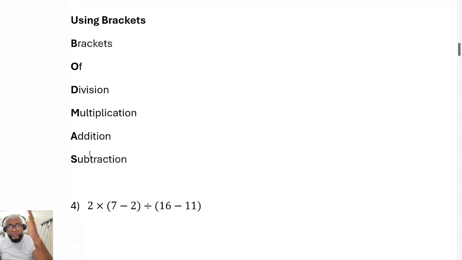So Adam is going to do this first one for you all, and then you all will try the others, right? So we're going to do our brackets first. I'm going to put the 2, put multiplication, then I'm going to work out 7 minus 2. 7 minus 2 would give me 5, and then I'm going to divide by 16 minus 11, which would give me 5 also, okay?